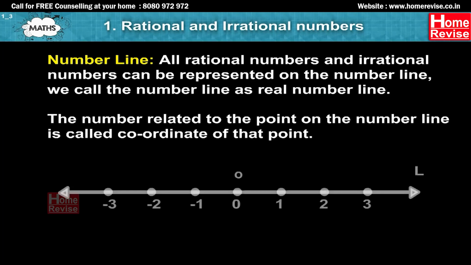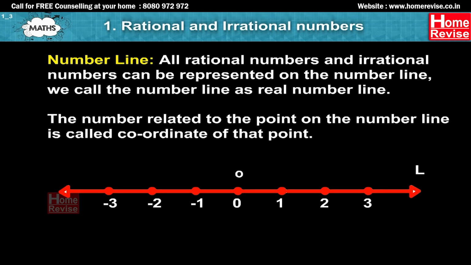For example, L is the number line. Center of L is 0. To the right hand side of 0 are the numbers 1, 2, 3. On the left hand side of 0 are -1, -2 and -3. The coordinate of O is 0 and this is the point of origin.